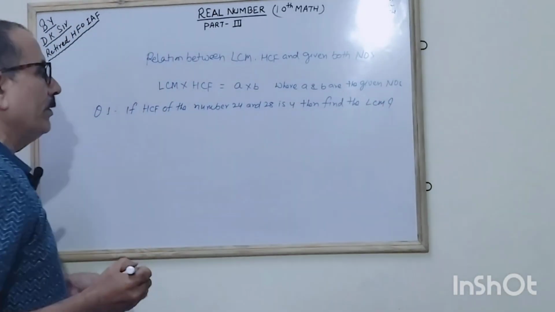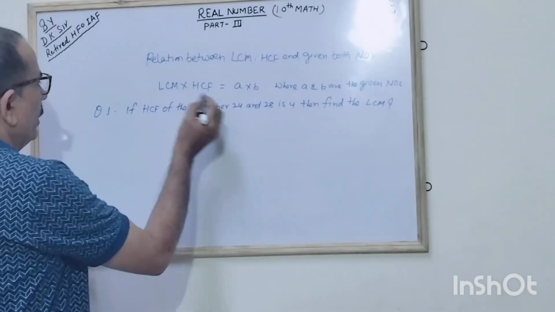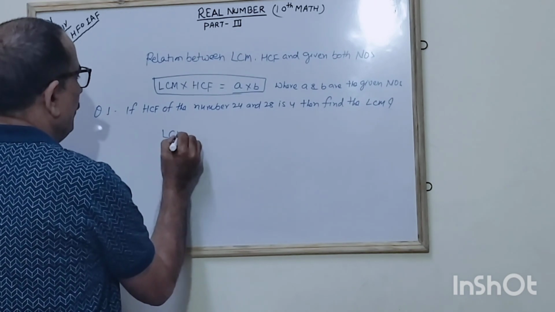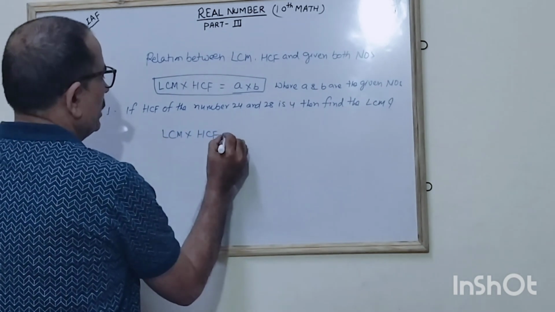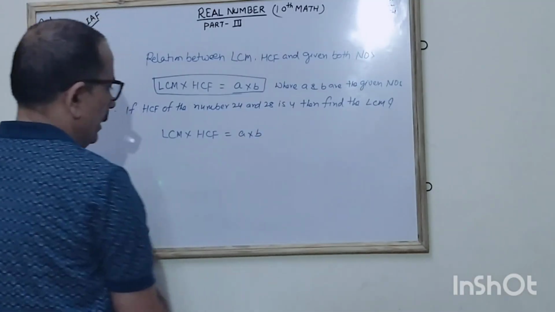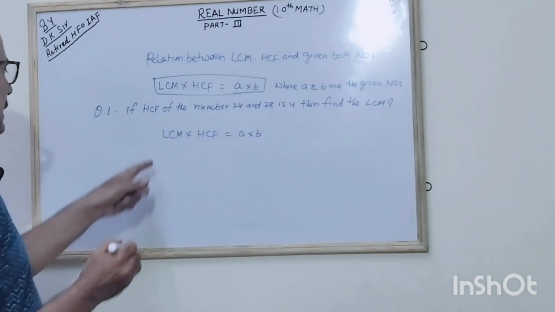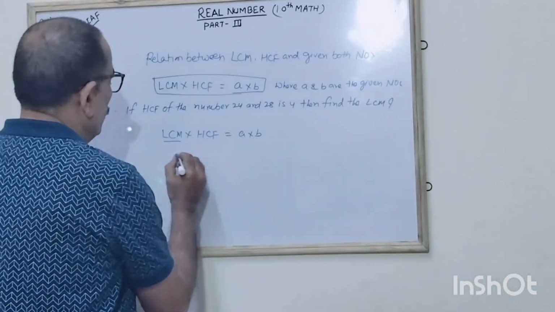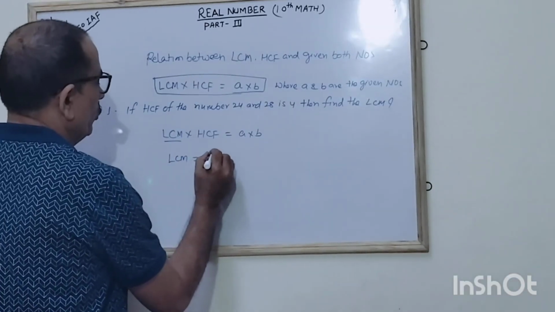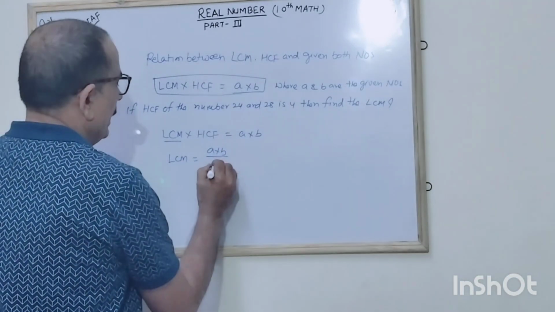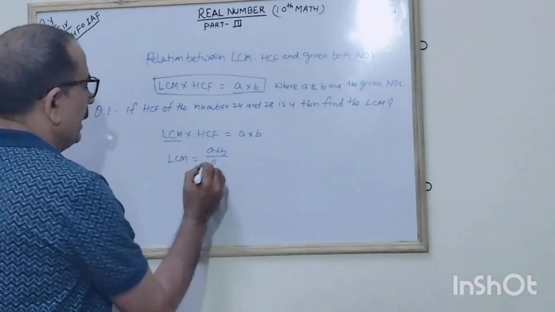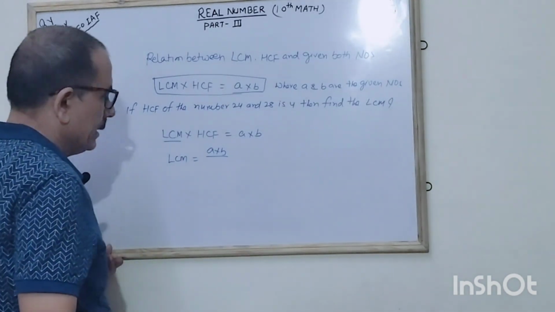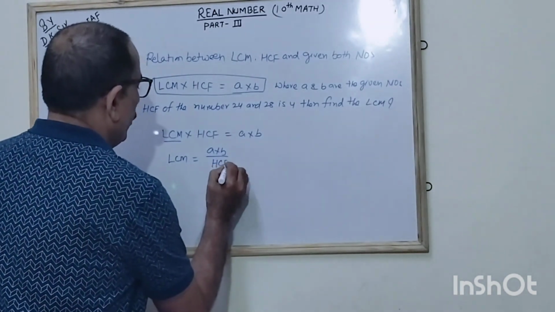Find the LCM. So what we'll do? We'll go for the formula. We write LCM into HCF is equal to A into B. We have to find the LCM, so we leave the LCM here and take the remaining to the other side of the equal sign. So LCM will be equal to A into B by the HCF.